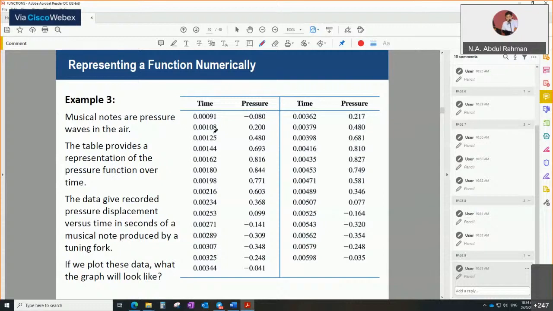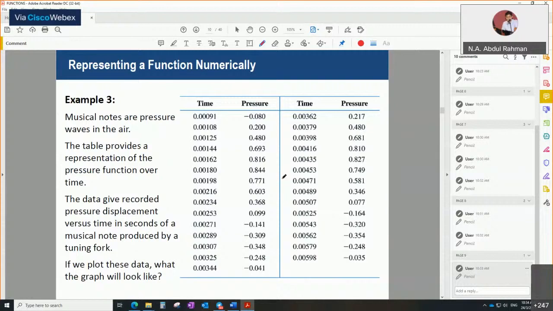So they have the time, maybe from some sort of machine because the times are very close to each other, and then we have the pressure measured at that particular time. So you can see at this time, what is the pressure? The data given is recorded pressure displacement versus time in seconds of a musical note produced by a tuning fork.